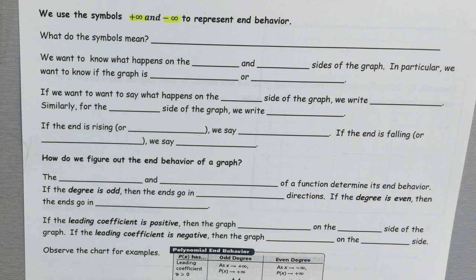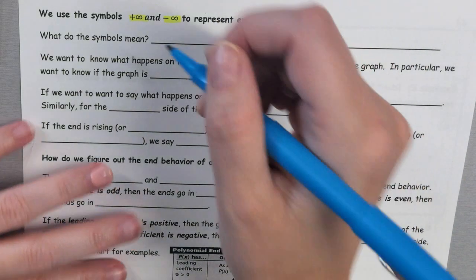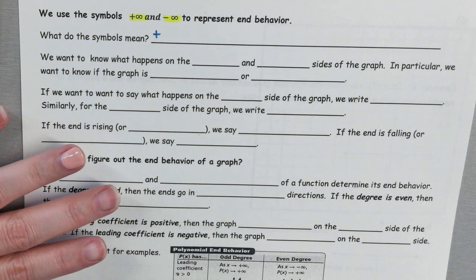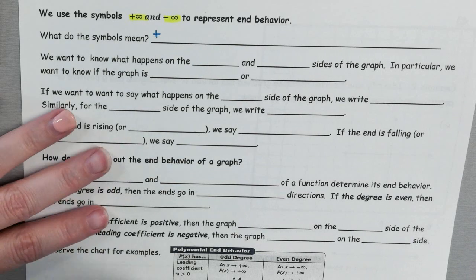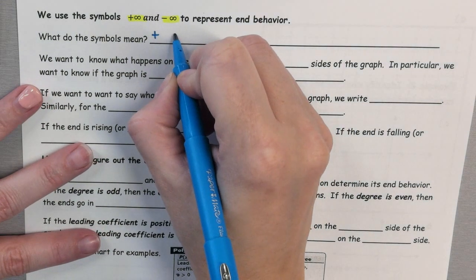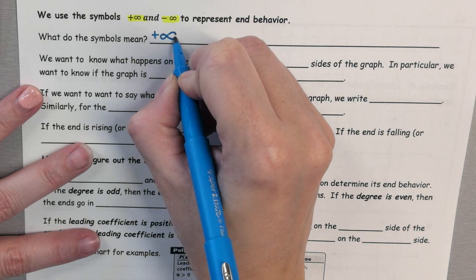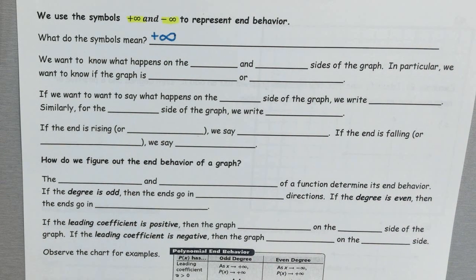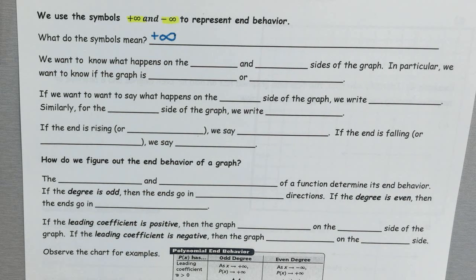So these symbols represent two things. I know sometimes when you first do the infinity sign, it can look a little wonky. You'll get it with practice. It's just a figure 8. So start here, and then if you want to do like two ovals next to each other, that's fine.